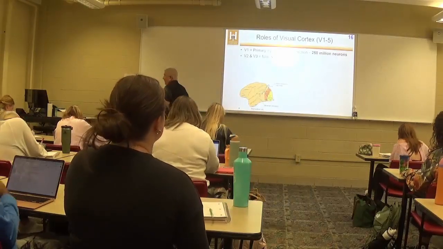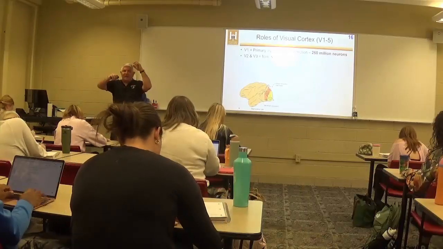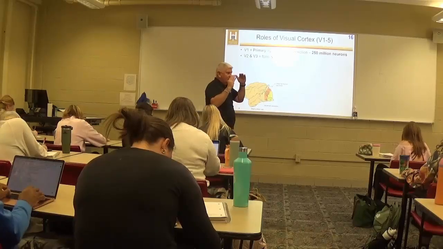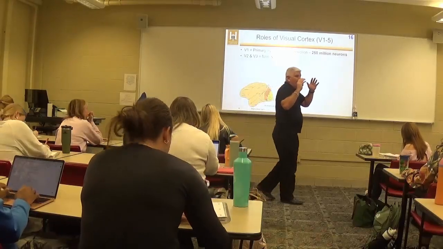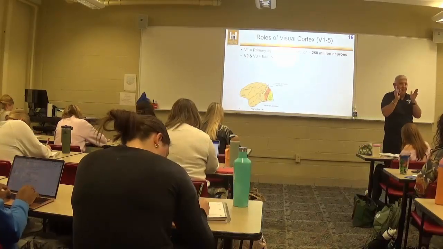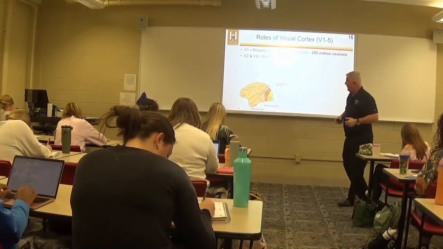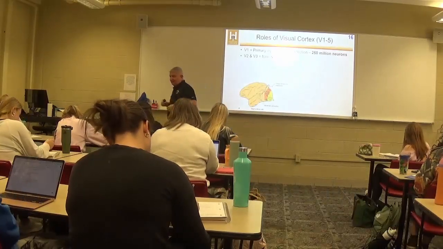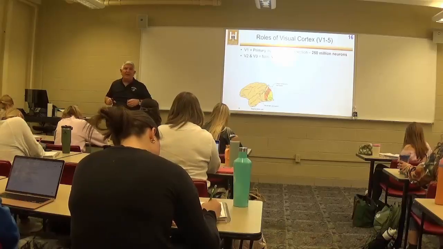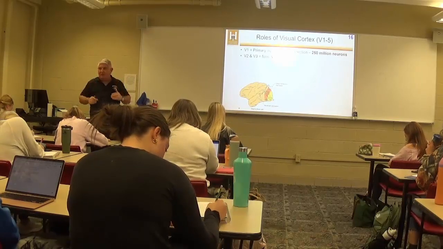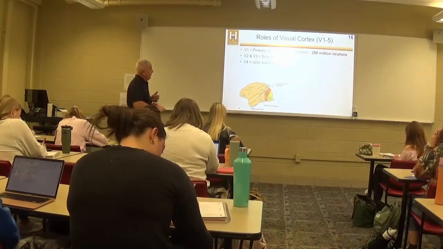After we get all these details, angles of lines, colors, we have to reassemble them into a picture. We have to take all these little parts and put them back together as our perception, and that happens in the extrastriate cortex. V2 and V3 are forming simple shapes from those individual components of vision, from those features.